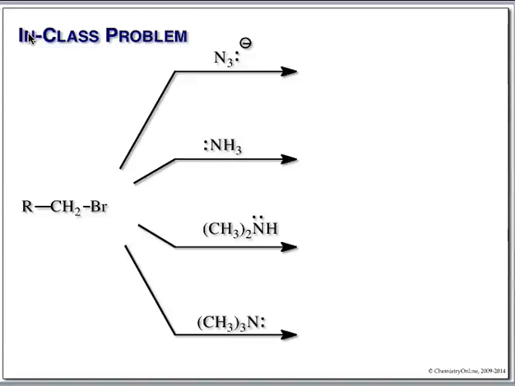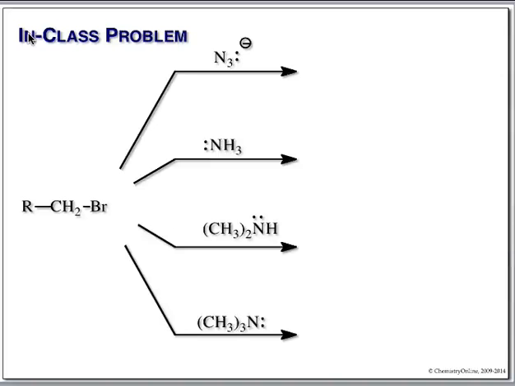N3 is azide anion. We actually did the Lewis structure for azide. We do resonance forms way back in chapter 3. This simply features 3 nitrogens in a row, and the one on the end is negative.